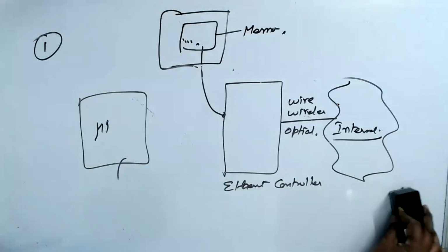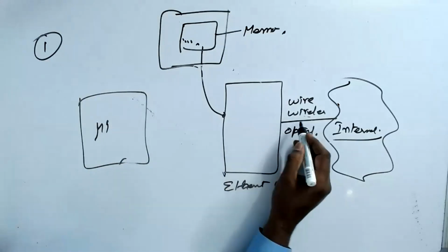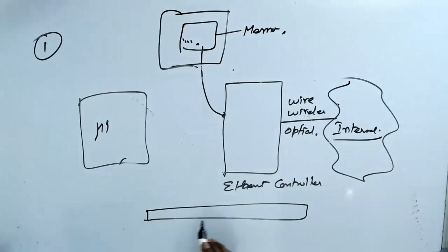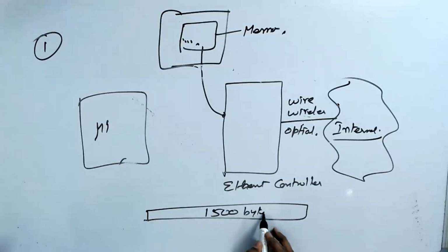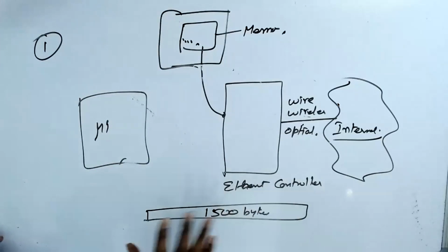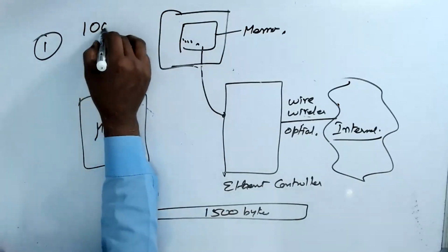I don't need this. But very unfortunately, in Ethernet, as per standard, I cannot send more than 1500 bytes. It is because of the Ethernet standard. But my file is how much? 1 megabyte.